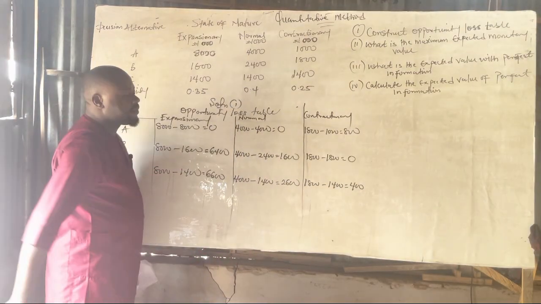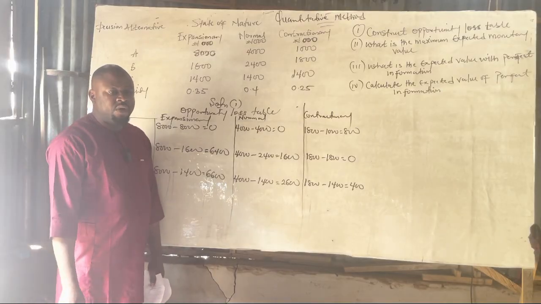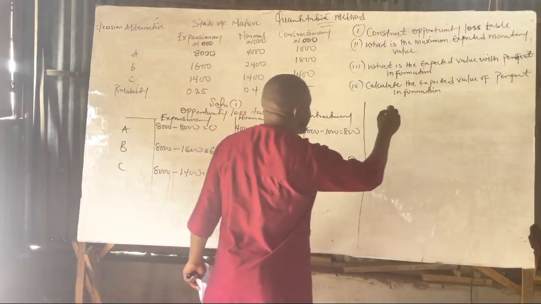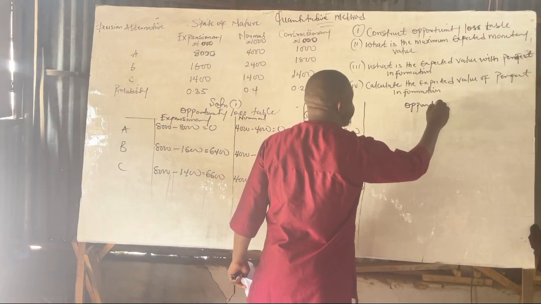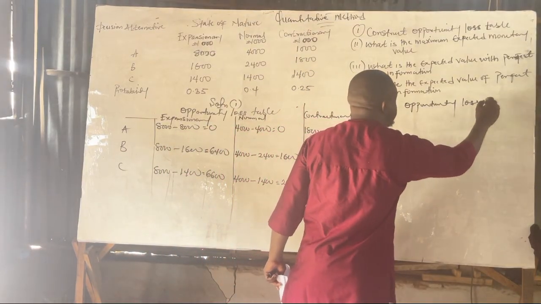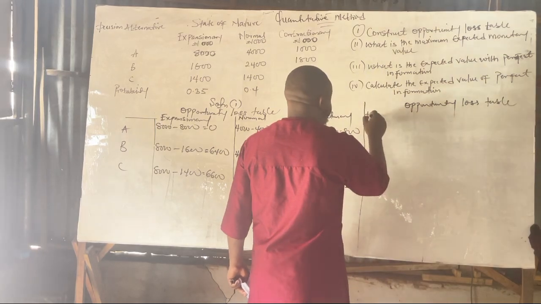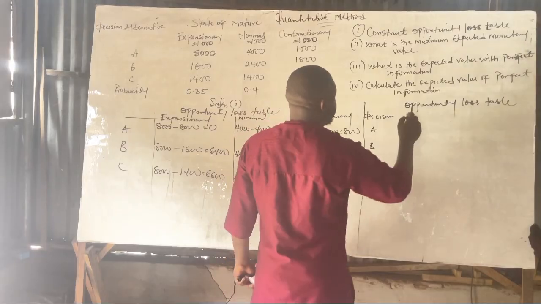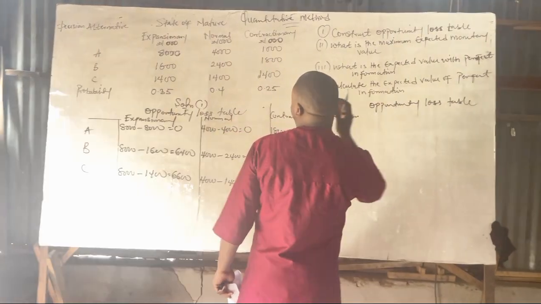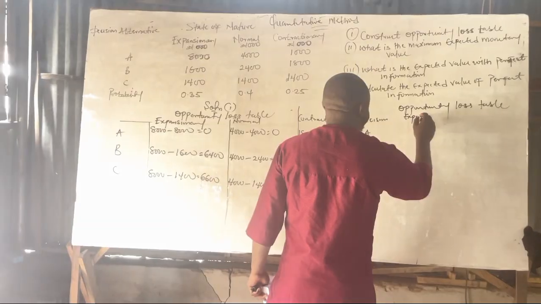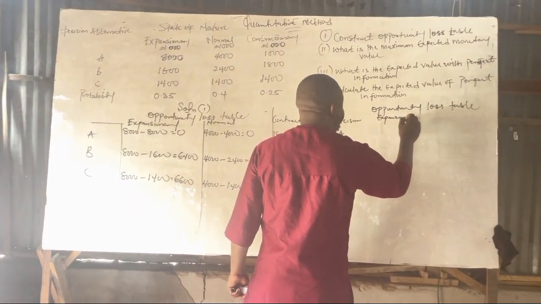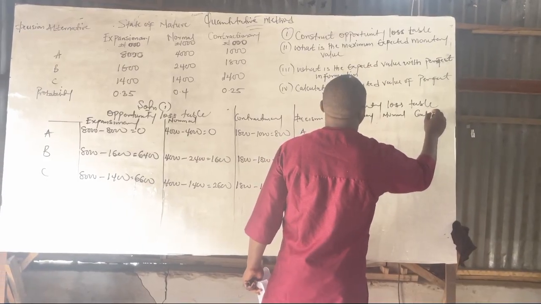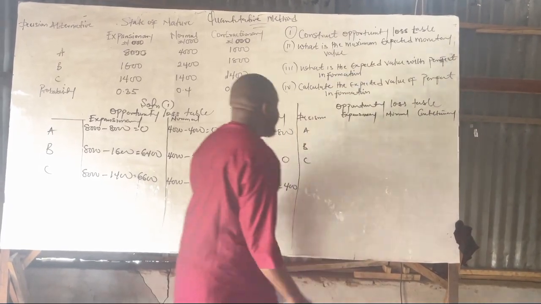Now with this, the answer for each of them is what I will use to prepare my opportunity loss table, so I will summarize it in this way. Opportunity loss table. Decisions: we have A, B, and C. Then the states of nature: expansionary, normal, and contractionary.